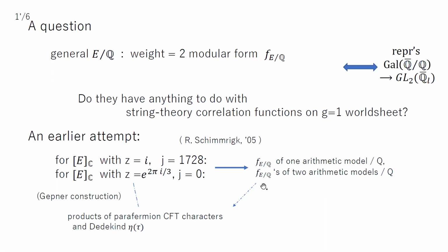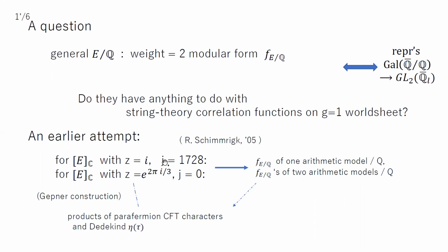There are weight two cusp forms, three of them. The author tried to find a relation between those weight two modular forms and the parafermion characters raised to multiple powers and multiplied by some power of the Dedekind eta function. The parafermion models are relevant because those geometries have Gepner constructions.